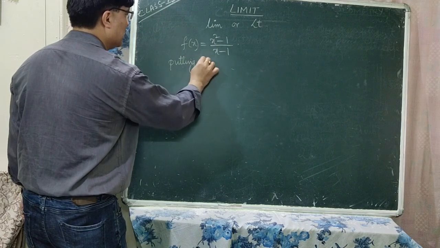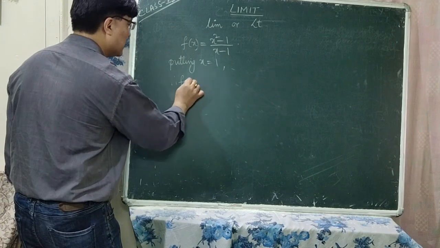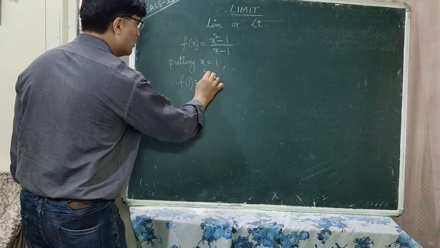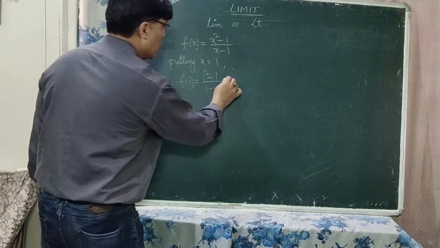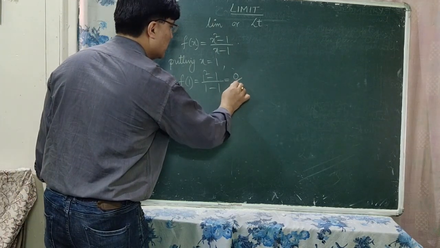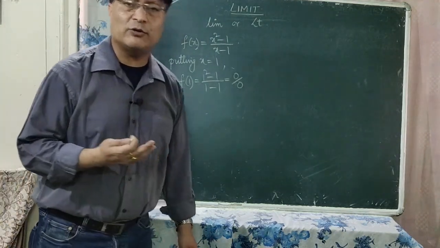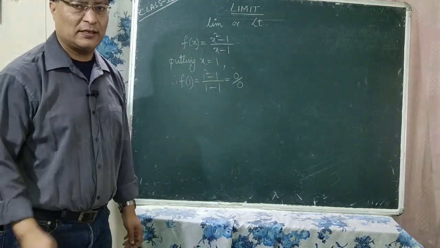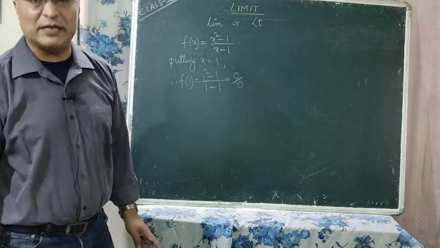Then f of 1 is equal to 1 square minus 1 divided by 1 minus 1, which is 0 by 0. Something divided by 0 is always undefined. Division by 0 is meaningless.